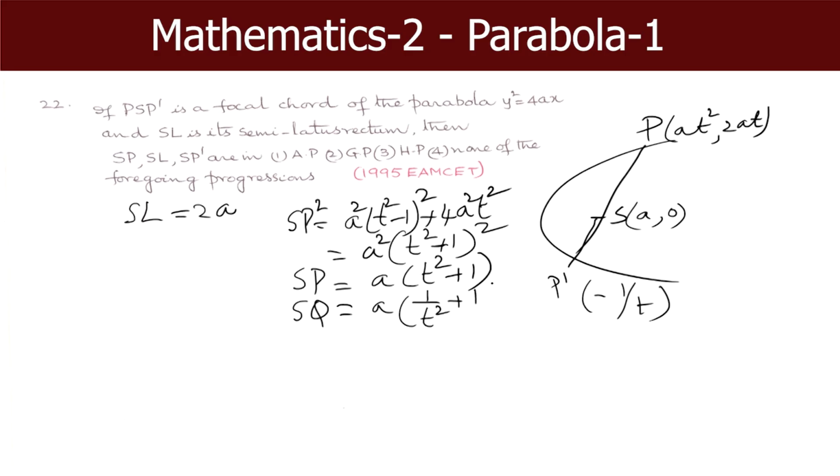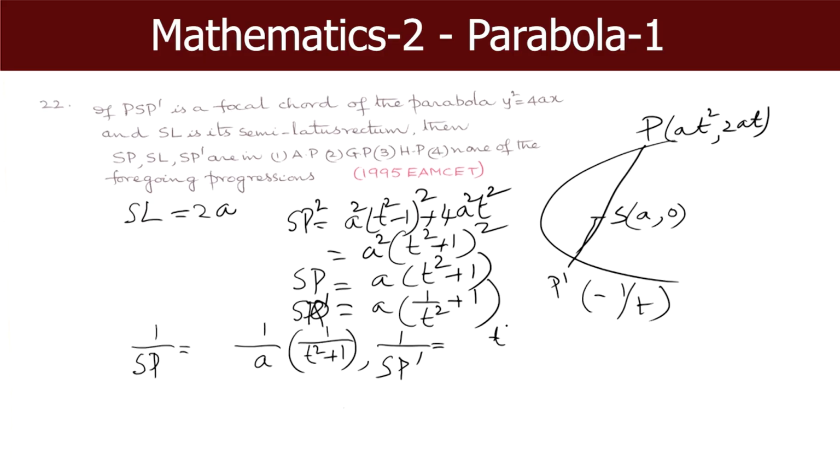T బదులు -1/T రిప్లేస్ చేయడమే. ఇప్పుడు SP, SL, SP' ఇందులో ఉంటాయి. అర్థమెటిక్ ప్రోగ్రెషనా, జియామెట్రిక్ ప్రోగ్రెషనా, హార్మోనిక్ ప్రోగ్రెషనా అని అడిగారు. 1/SP ఈజ్ ఈక్వల్ టు 1/A ఇంటూ 1/T² ప్లస్ 1. 1/SP', SQ కాదు P', 1/SP', this is P', T² by A ఇంటూ 1 ప్లస్ T².